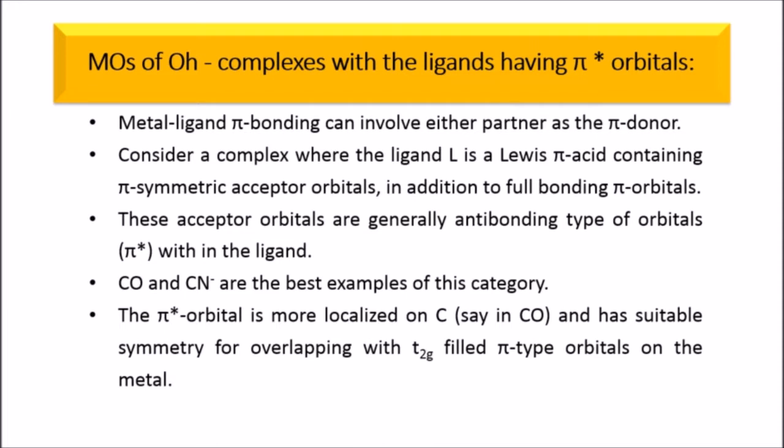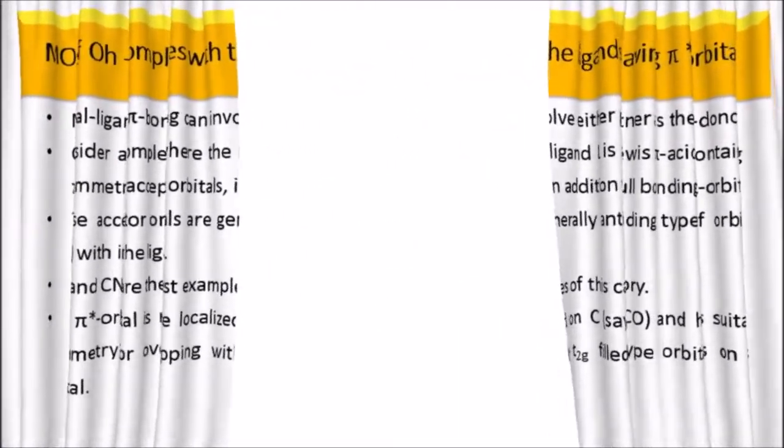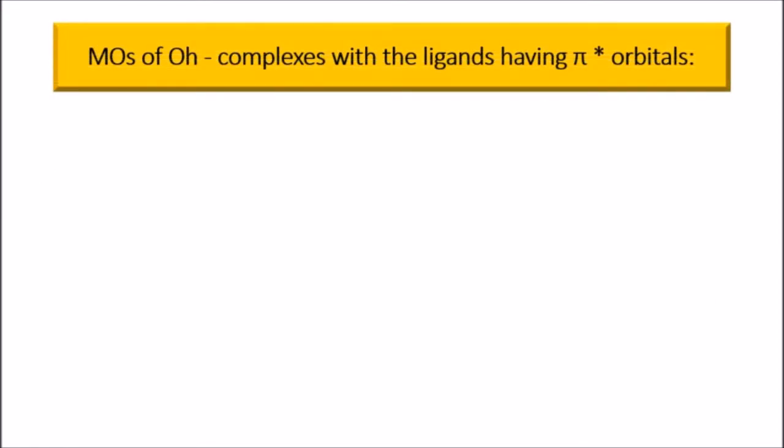And this pi star orbital, which is localized more on the carbon atom in carbon monoxide, will gain that electron as back donation and act as a Lewis pi acidic ligand orbital. So you need to keep that in mind. Sometimes it will be asked in an MCQ, and you can address the question there as well.